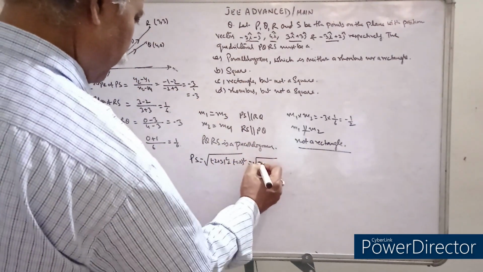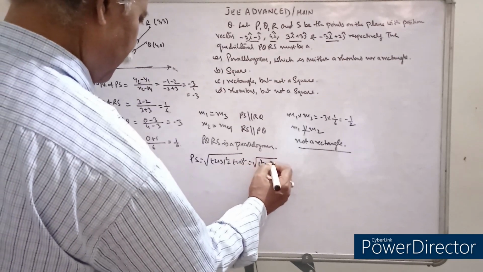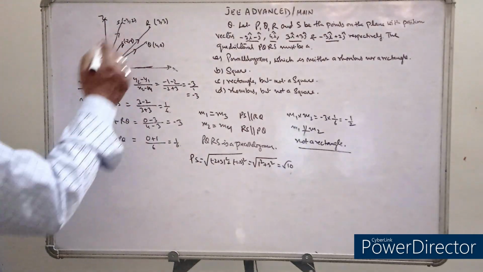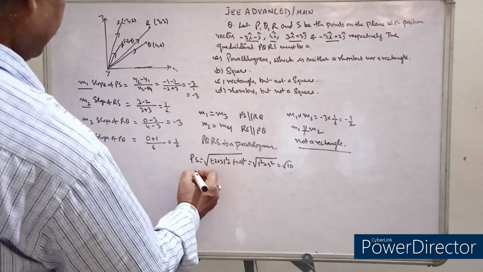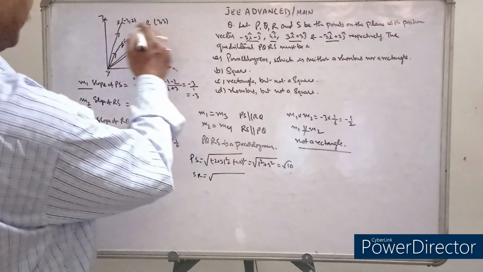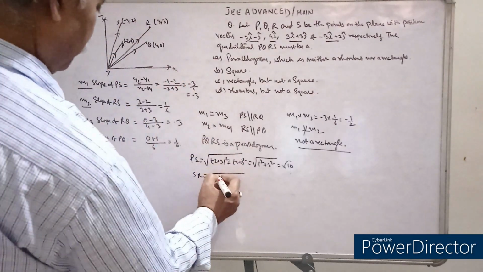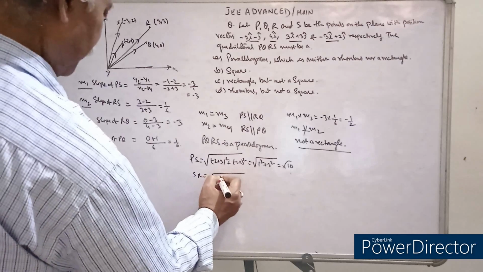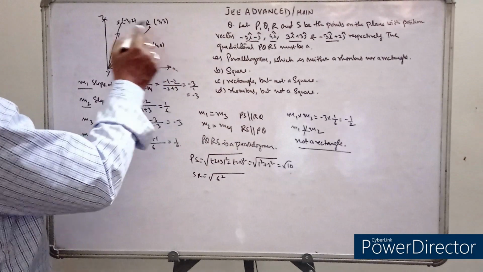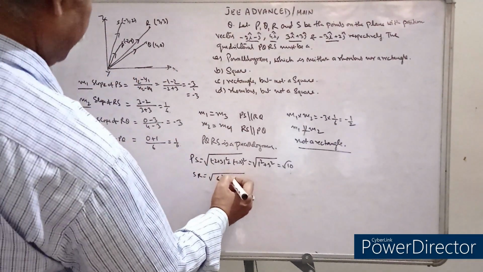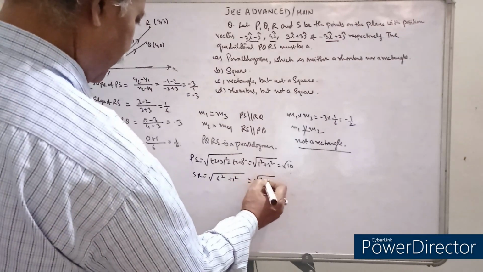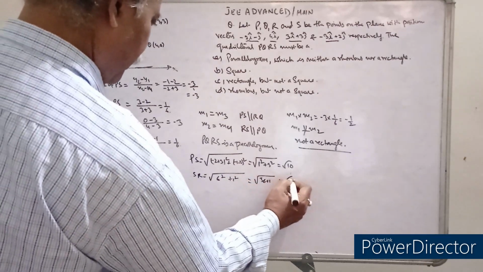So this will be 1 square plus 3 square, that is 9 plus 1, root 10. And your SR distance will be x2 minus x1, 3 minus minus 3, 3 plus 3, 6 square, and 3 minus 2, 1 square. So this is 36 plus 1, that is root 37.